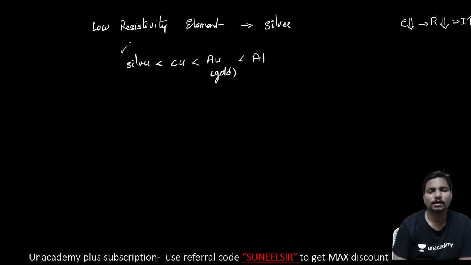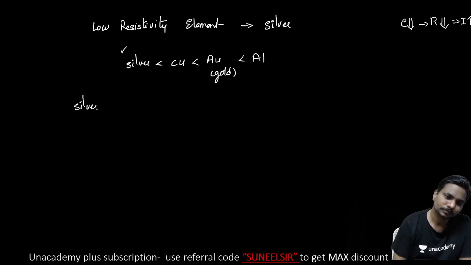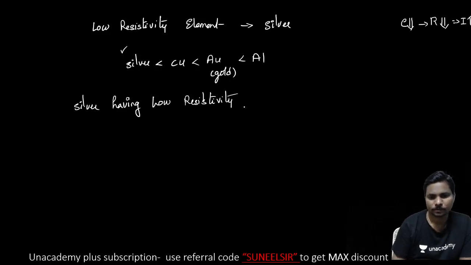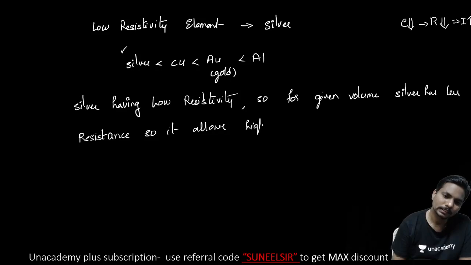So silver is the best conductor of electricity because of low resistivity. For a given volume, silver has less resistance, so it allows high current.